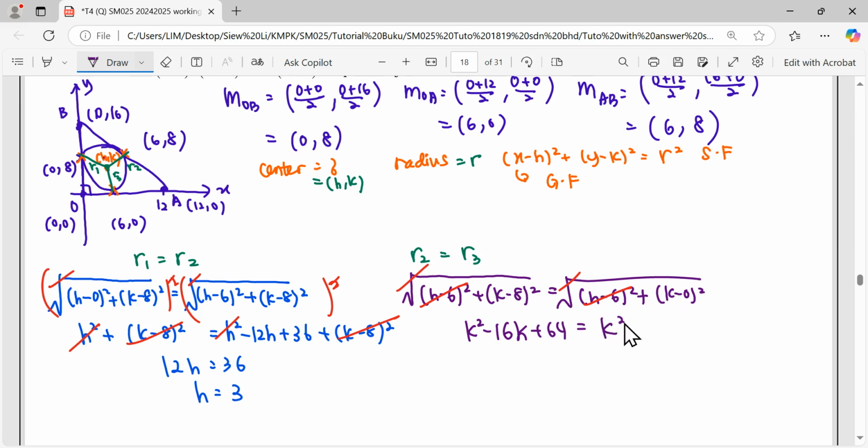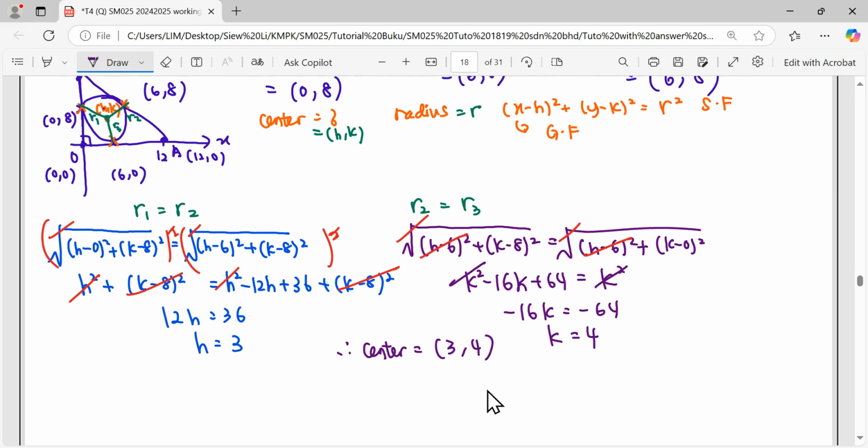Here is k squared. So k squared is eliminated, and negative 16k equals negative 64. So k equals 4. Therefore, from here we get our first piece of information: the center is (3, 4).